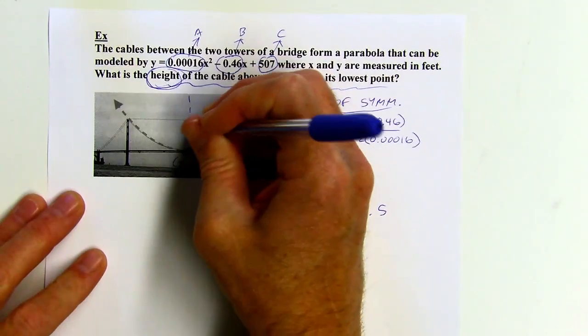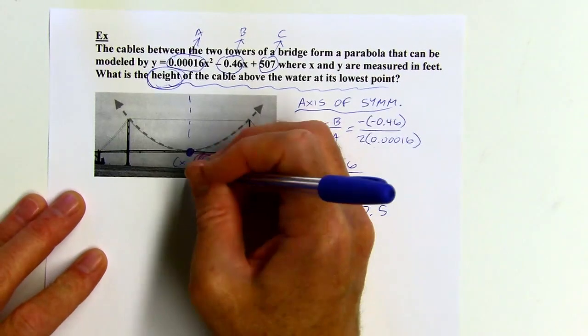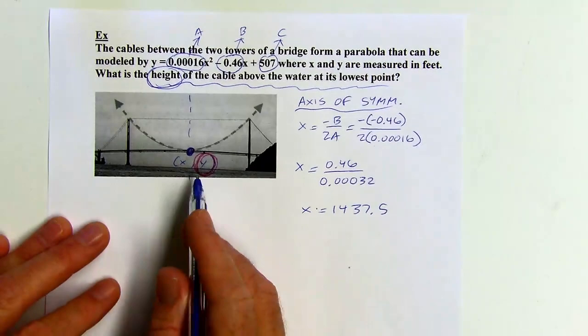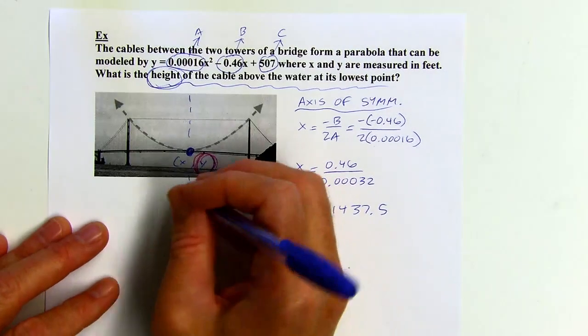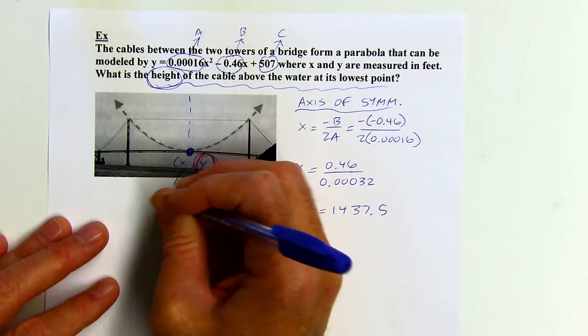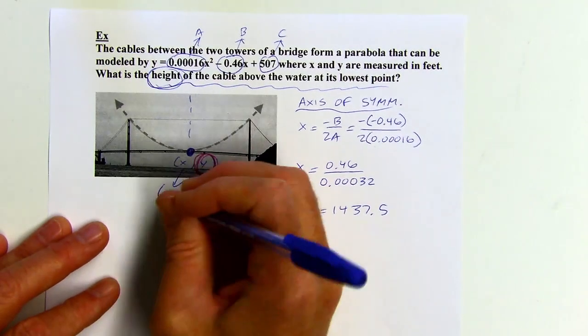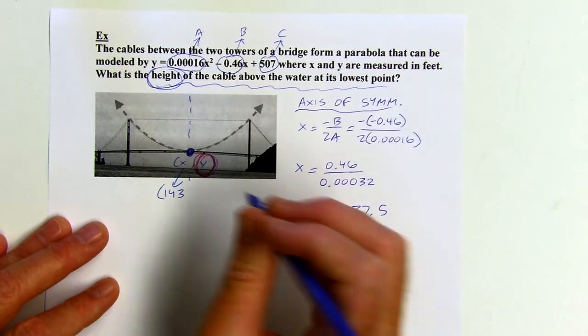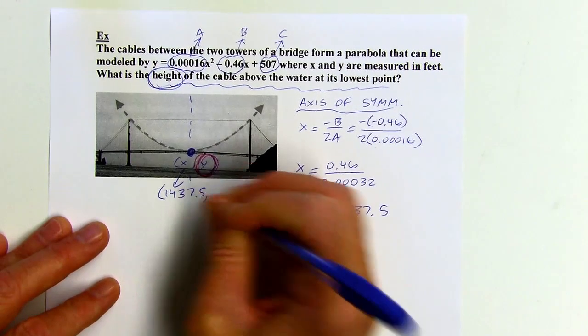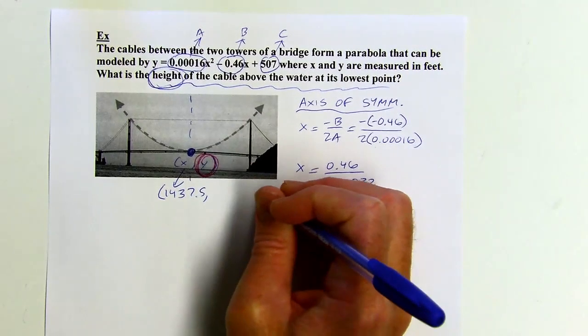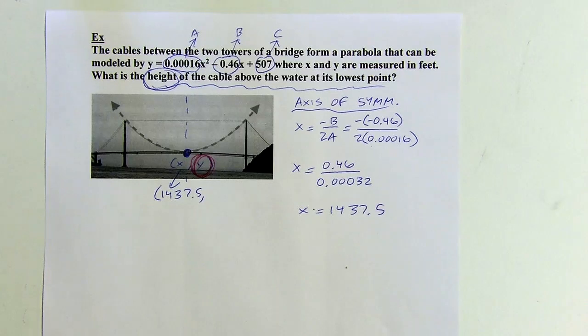Now that's the axis of symmetry. So that's the equation of the axis of symmetry, which is really giving me the x coordinate at the vertex. So my vertex here is going to be 1437.5 and then something for y. We still need to figure out that something.